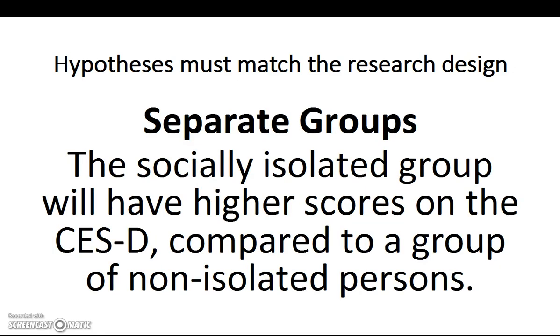Suppose we had a separate groups design. We might test the hypothesis like this: the socially isolated group will have higher scores on the CESD compared to a group of non-isolated persons.